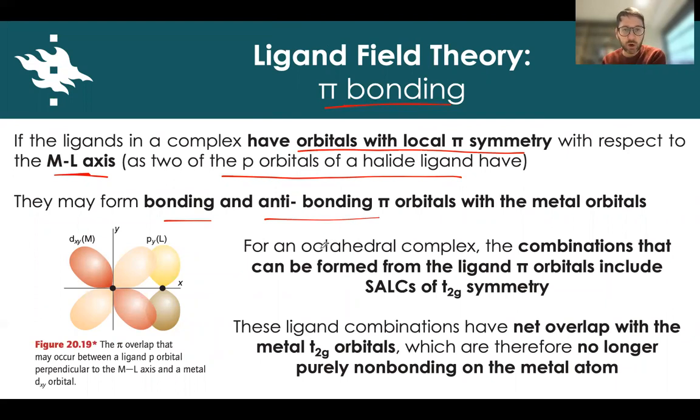So for example, for an octahedral complex, the combinations that can be formed from the ligand p orbitals include symmetry adapted linear combinations having t2g symmetry. So these linear combinations will be able to overlap with the t2g orbitals of the metal. Therefore, these t2g orbitals of the metal will no longer be purely non-bonding.